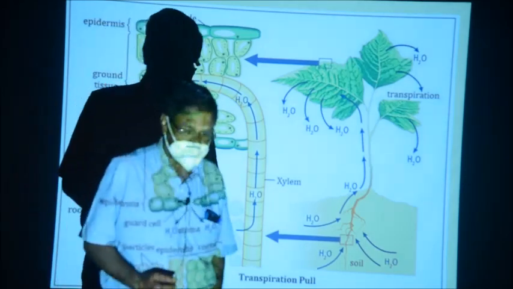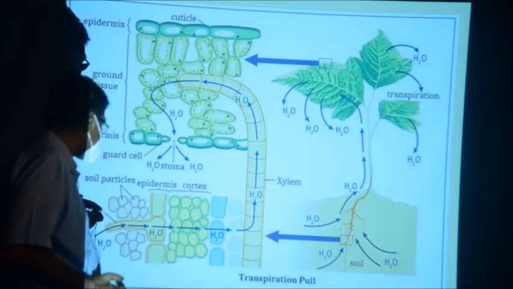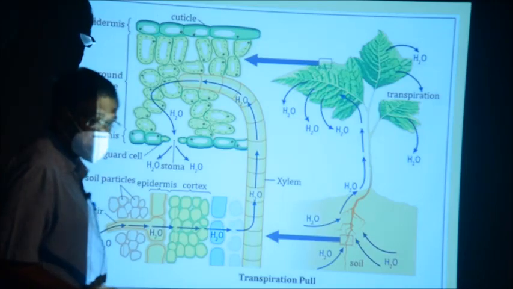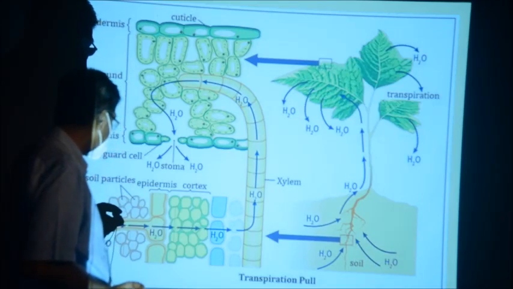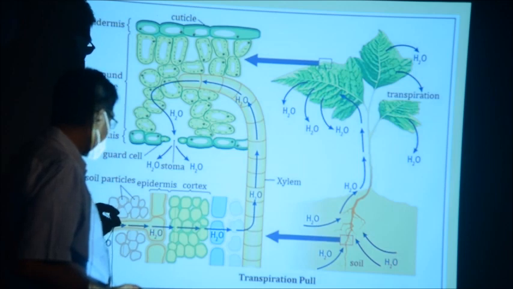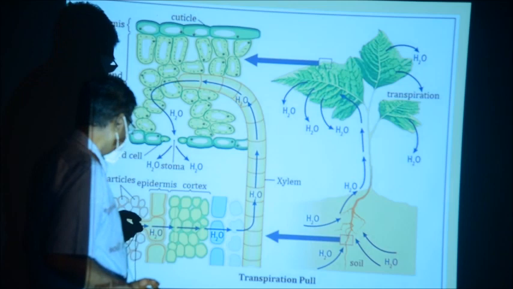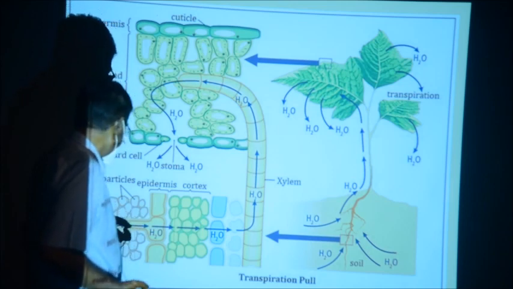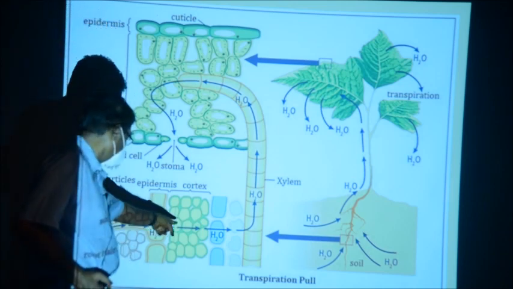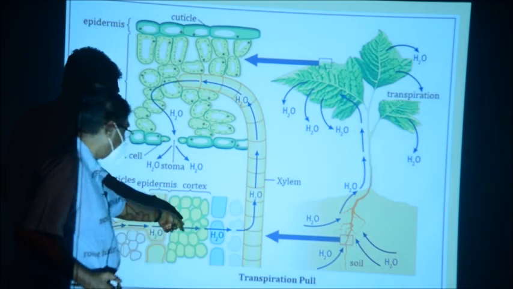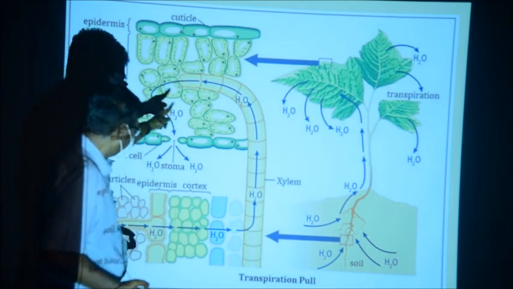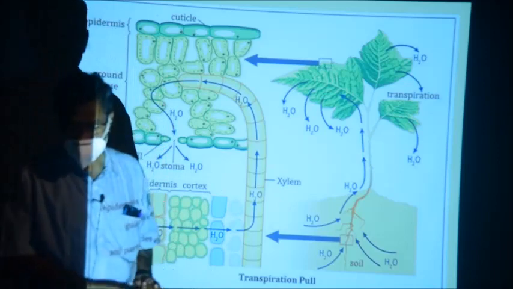The xylem of the leaf creates tension in the xylem of the stem, and the xylem of the stem creates tension in the xylem of the root, and ultimately water from the soil is drawn into the root by a passive process, known as transpiration pull.